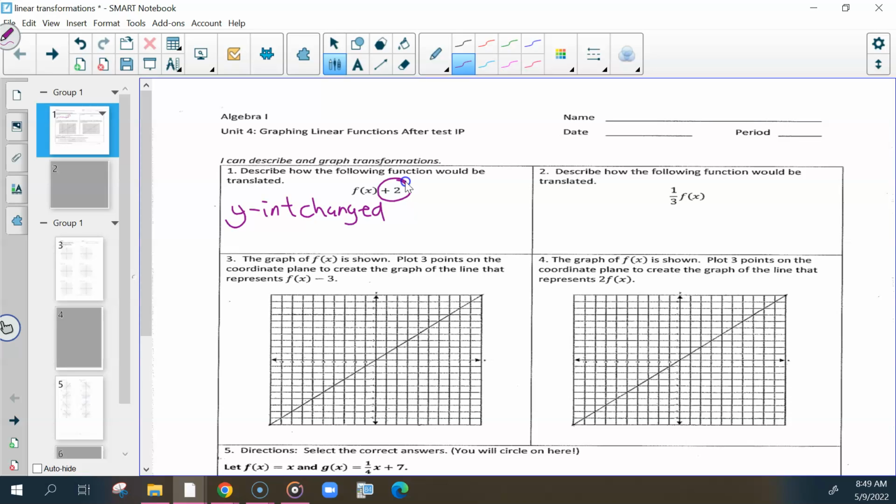And all of these are always comparing them to an original function, which is f of x equals x, where your y-intercept is 0. So if you want to write that somewhere up here, you can.